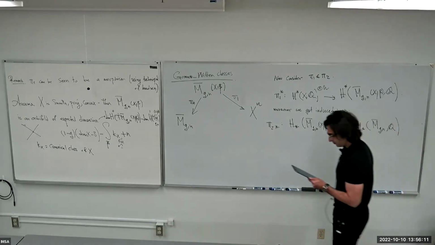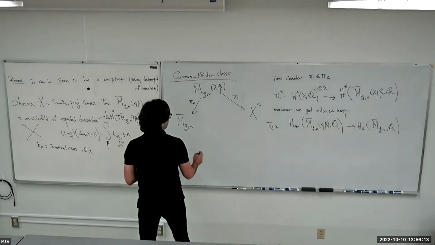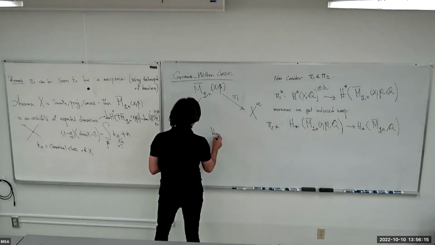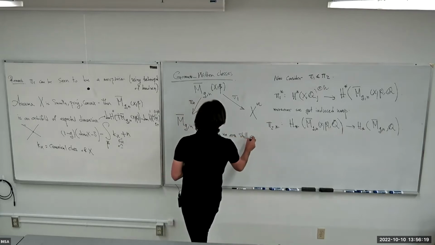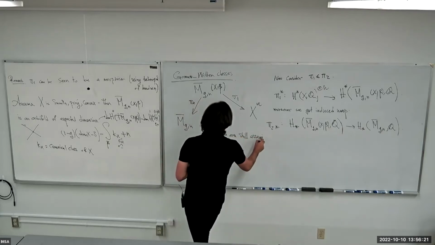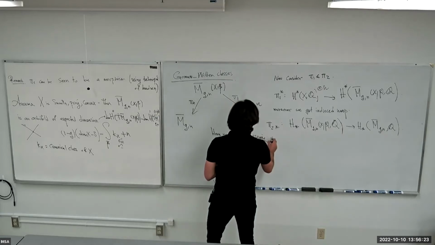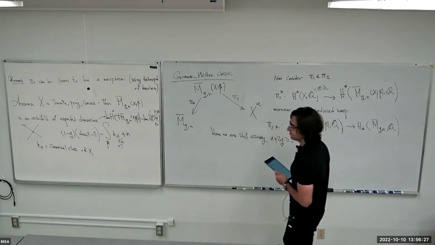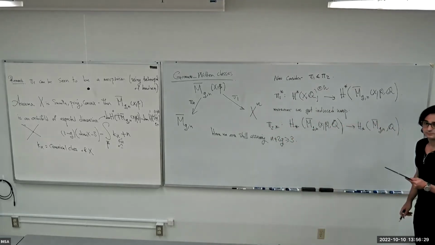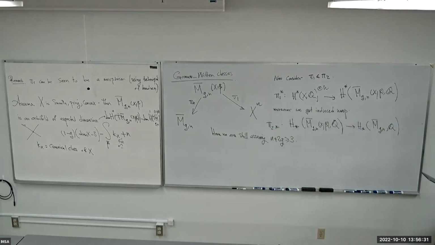Here we are still assuming that n plus 2g is bigger than 3. Okay, all right. So that's that.